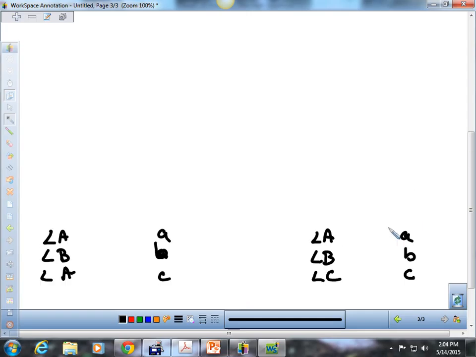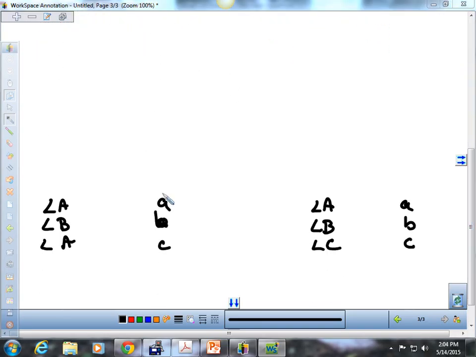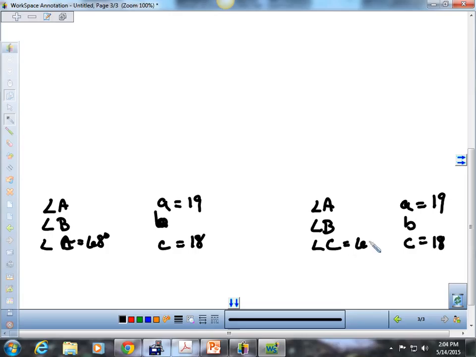Now, we do know that A and C are 18 and 19. Did I define those right? Is A 19 and C 18? Is that right? Okay. And then angle C, they said, was 68. So those will be consistent between the two triangles, but those other three parts will fluctuate now.